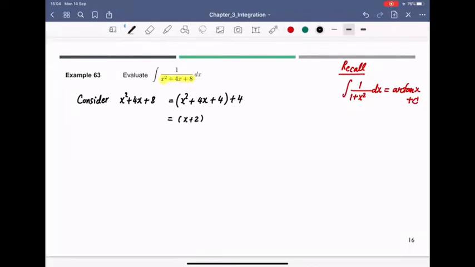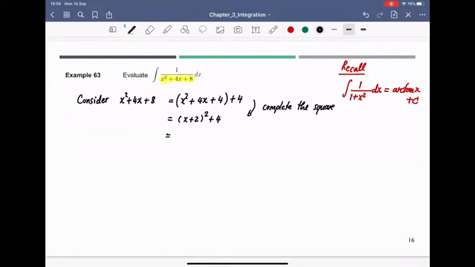So this is going to be x plus 2 squared plus 4. This is the idea of how we complete the square. We're going to use this technique a lot when we learn integration techniques after midterm, but to show you the idea, this example is a good one.